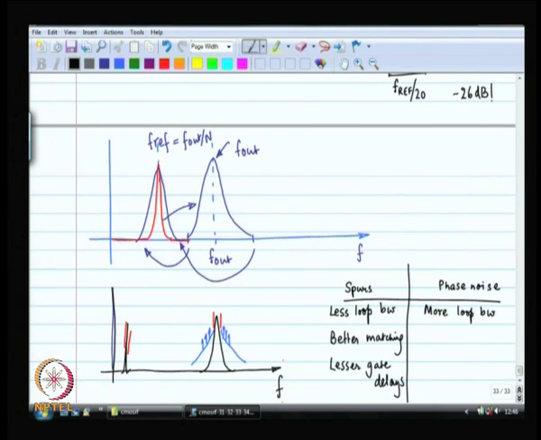So, if you want to improve the performance on spurious frequencies, if you want to reduce the spurious frequencies, then you have to have lower gate delays, you have to have better matching between the up and the down currents, you have to have lesser loop bandwidth. Unfortunately, if you want better phase noise, you need more loop bandwidth. If you want to have lower settling time, then you want to have more loop bandwidth.